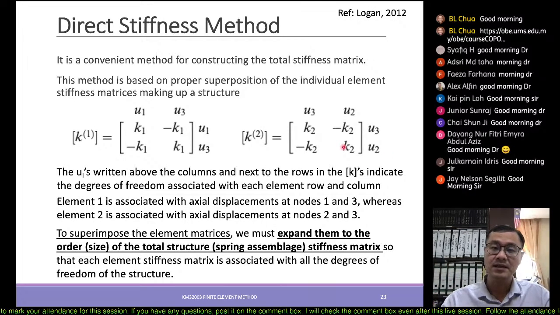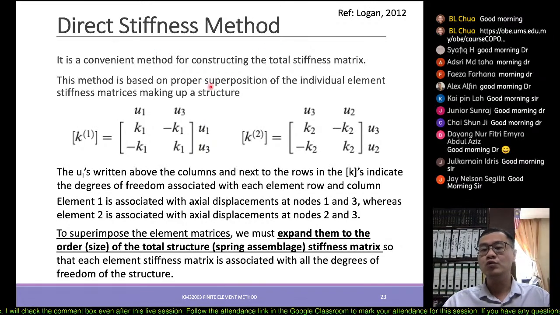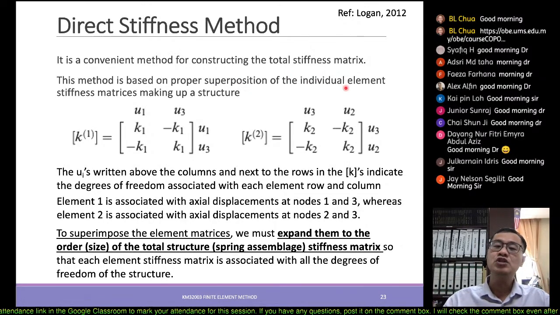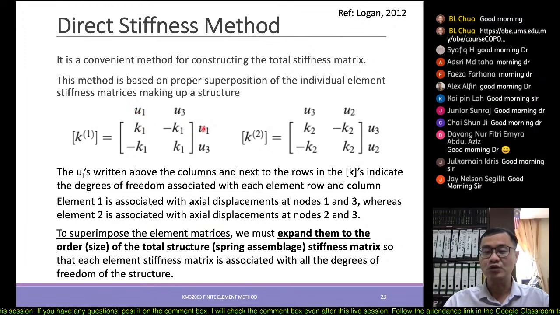Once we have formed this, what we do in this direct stiffness method is a superposition. We combine them, meshing them together based on the individual element matrices.